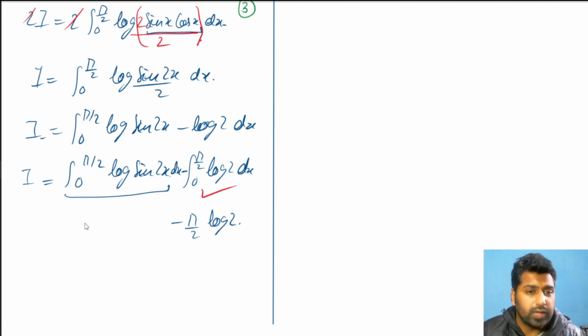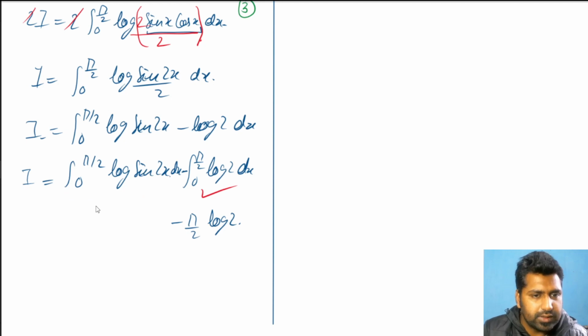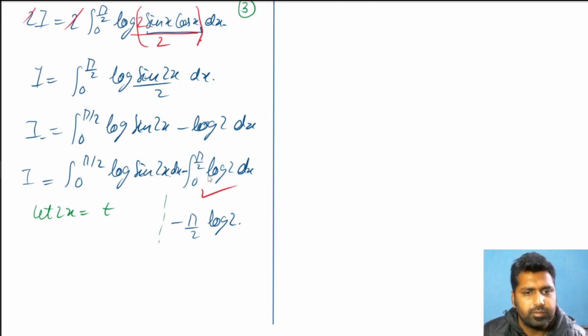In order to do that, I cannot integrate log sin 2x directly, so I know it's a weird step, but you'll understand what happens afterwards. Let 2x be equal to t for this. If 2x is t, 2 dx is equal to dt. There is no 2 present here, so we'll multiply by 2.